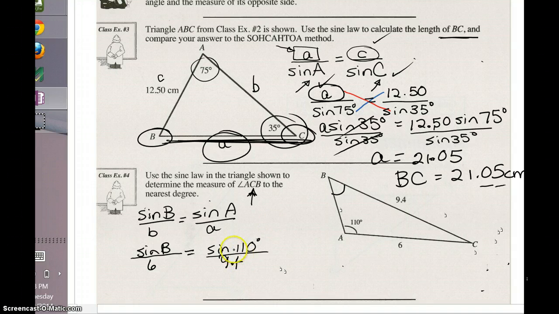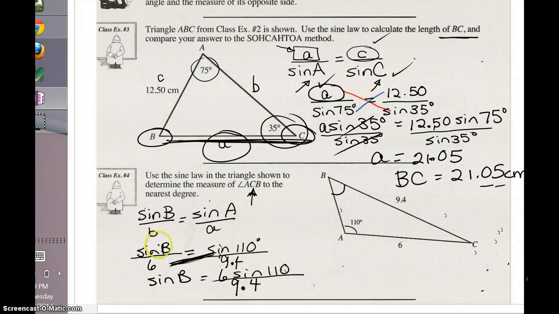After I cross multiply, and this time I'm not going to actually show you the algebra, I'm just going to go sine B equals, I'll multiply these two numbers together, which is 6 sine 110, and I'm going to divide it by the 9.4, which I showed you up above.